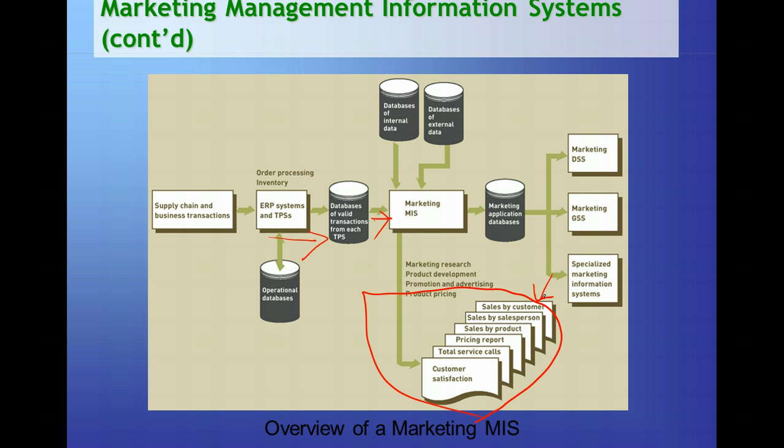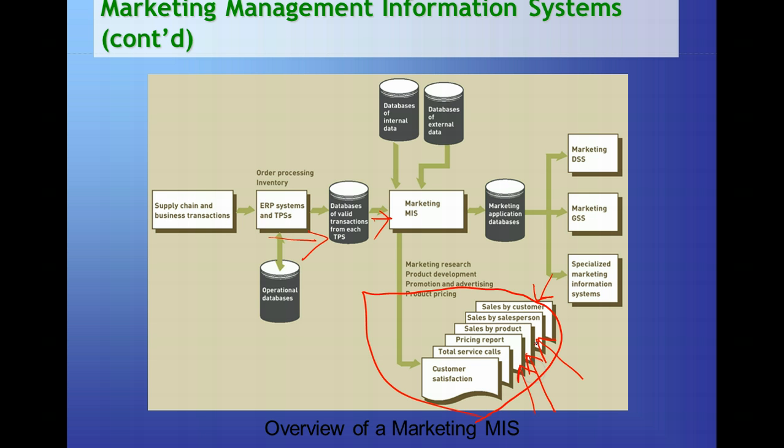Okay, and which customers are more loyal, and whether we can give them more benefits, and also to determine sales by salesperson, who are our top performing sales personnel, and also sales by product, which one is our best selling product, and our pricing report.